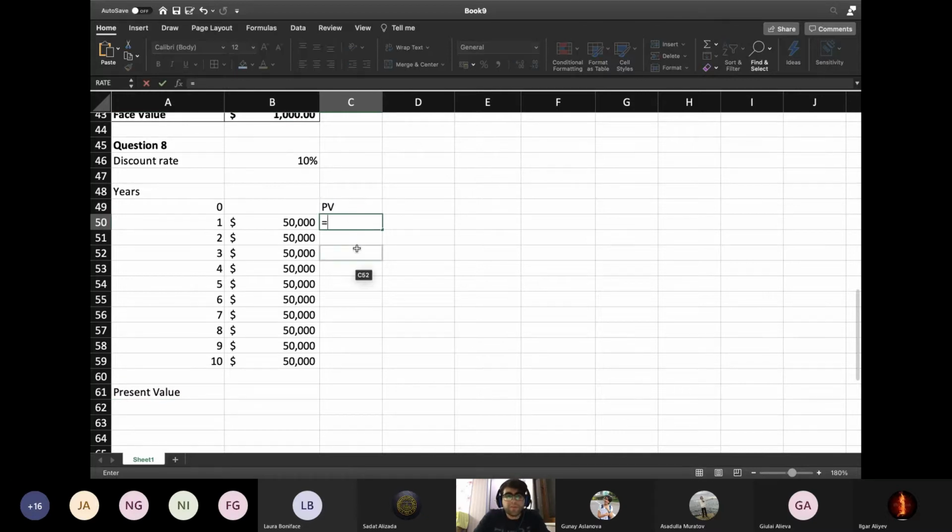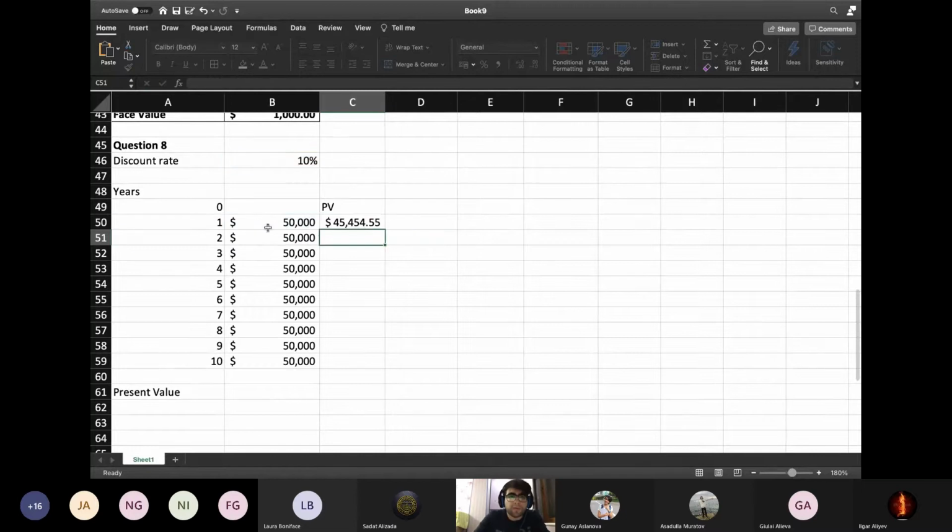In order to find the present value of this investment, which pays you a series of cash flows over 10 years, this one is divided by 1 plus 10% to the power of 1.